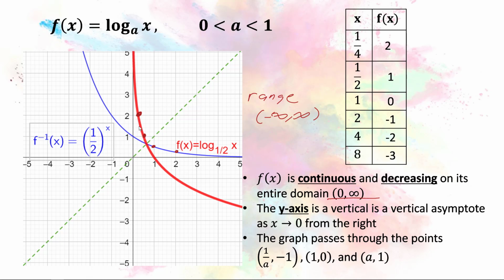Or we have (0.25, 2), and here we have (2, 0.25). So we still have symmetry about the line x equals y. And of course, once again, this graph passes through the point (1/a, -1); since a is 1/2, 1 over a is 2. It still passes through the point (1, 0), and it still passes through the point (a, 1), which is (1/2, 1), which is right there.